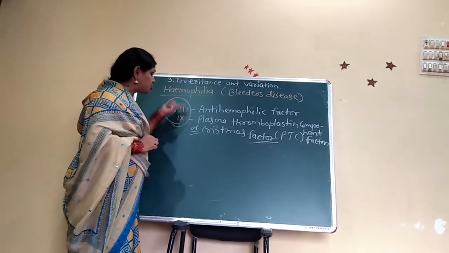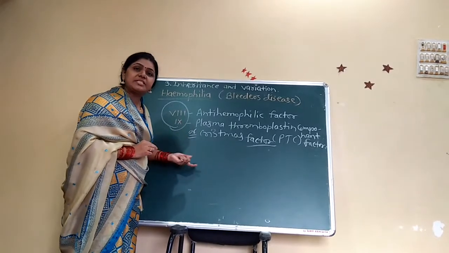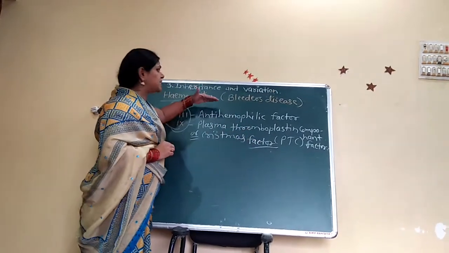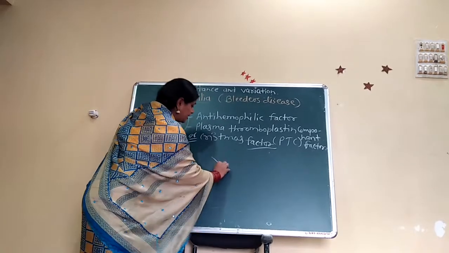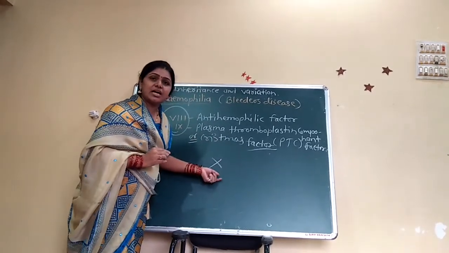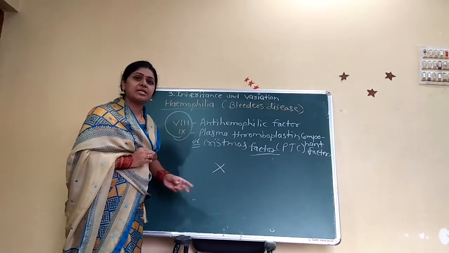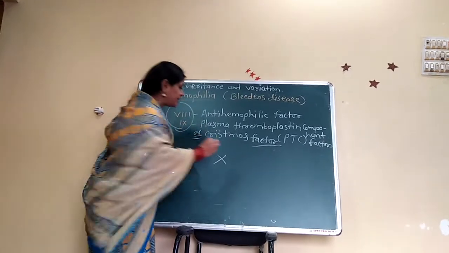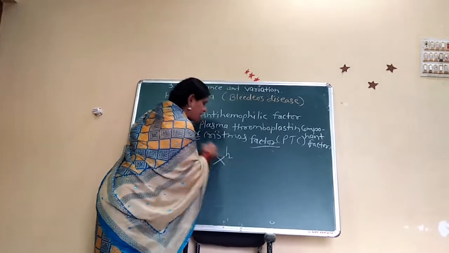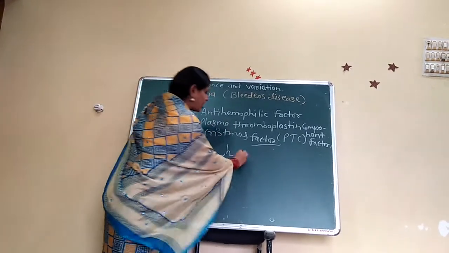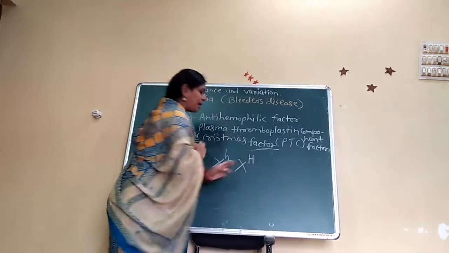Because of these two absent factors, and because this is X-linked inheritance, the genes are present on the X chromosome. The hemophilic trait is recessive, so it is the small h, and the dominant trait is the capital H.